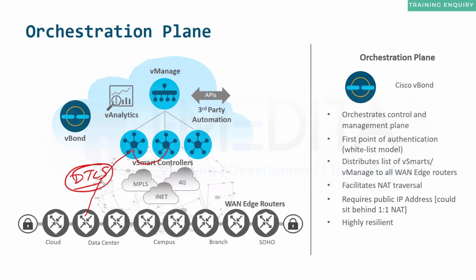Any time vManage is pushing or pulling information from any of the components, it will be using NETCONF for that. And vSmart also uses NETCONF? If vSmart is pulling some information from vBond or from vManage, it will be using NETCONF. But if vSmart is exchanging information with the managed routers, it does so in the form of OMP.